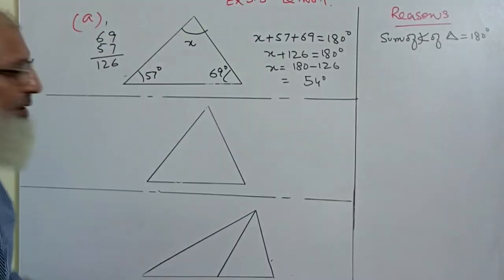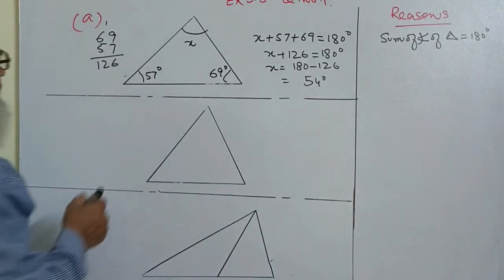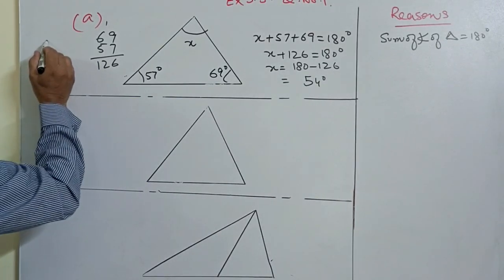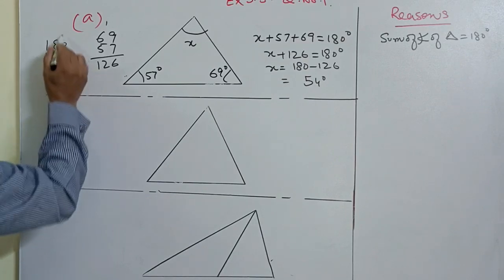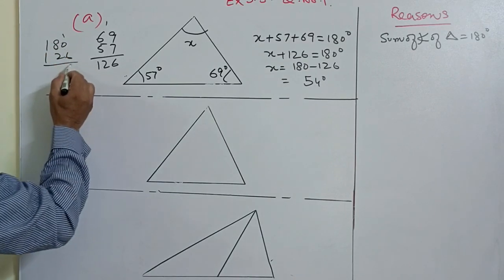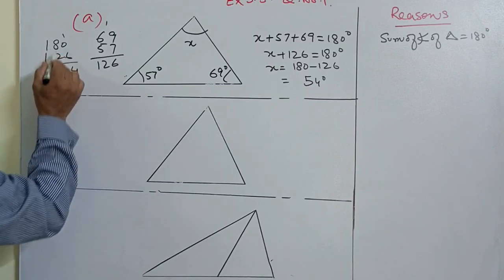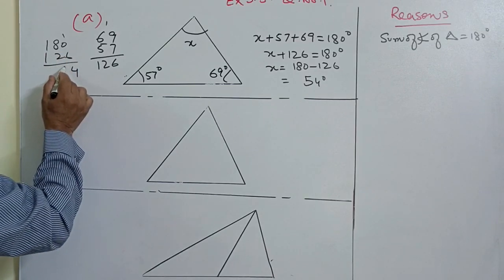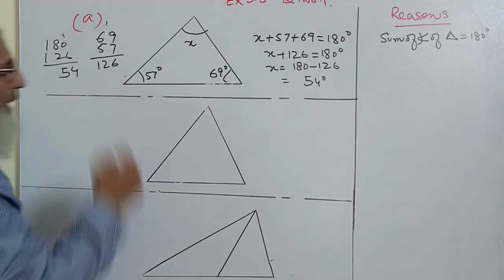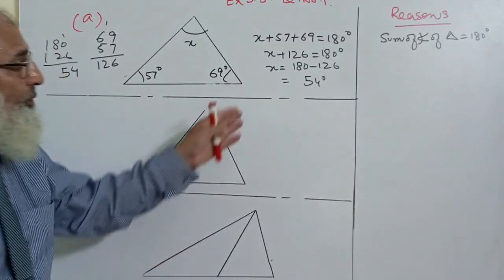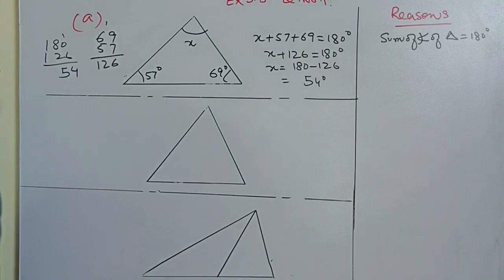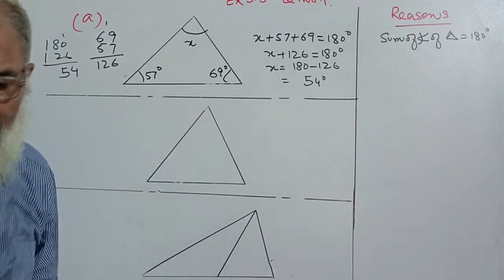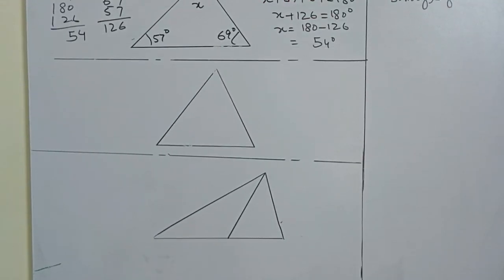Because I don't have a calculator, I just do it over here. See that 10 minus 6 is equal to 4, and 7 minus 2 is equal to 5. 54. Yes, I am right. So it is 54 degree, and the reason is sum of the angles of the triangle is equal to 180 degree.